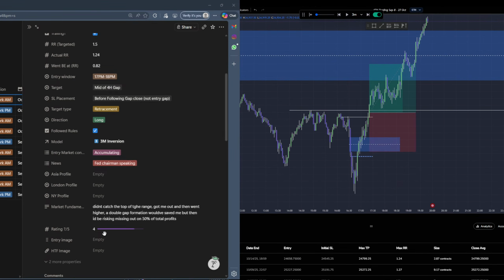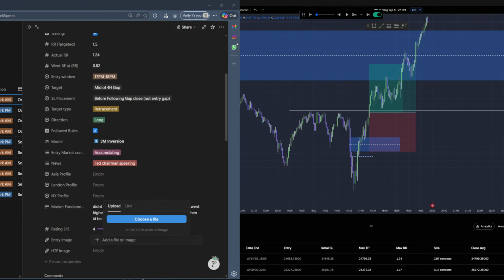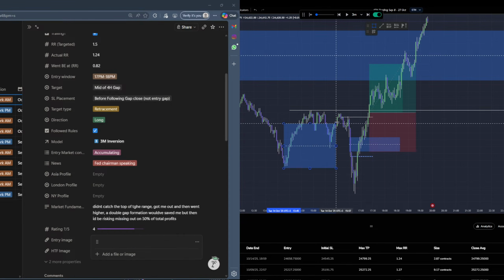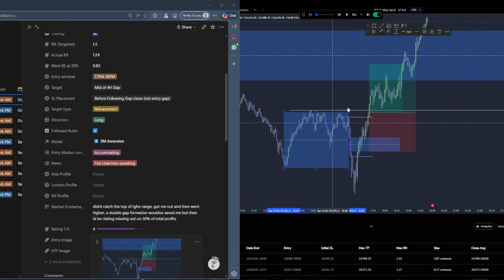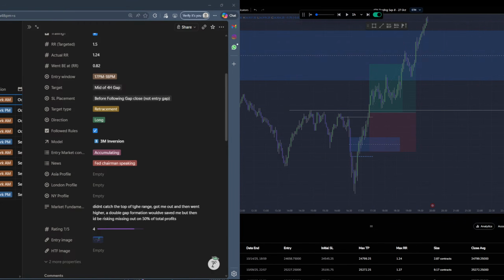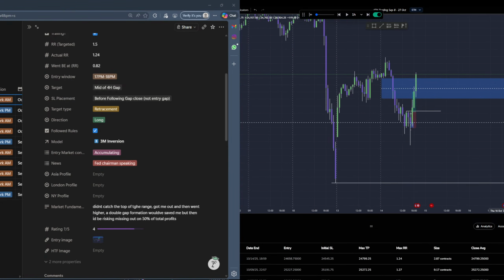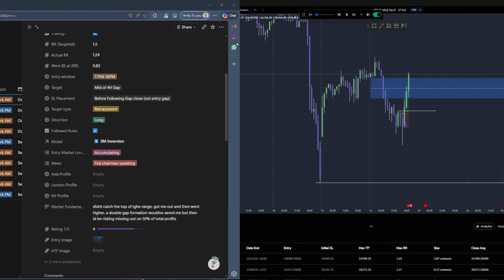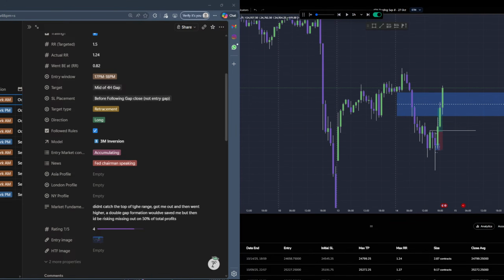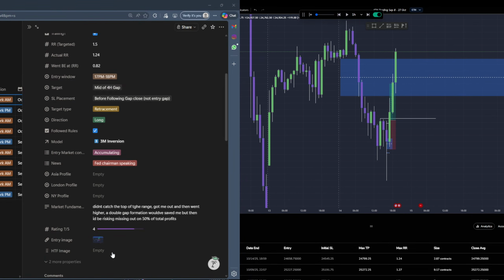It just chopped a bit, but overall it was a very obvious setup. We just manipulated lower, took out the small range, then came back into the range and expanded higher. This doesn't get easier than that. Just pure price action. You don't need any concepts. I'm trading the price action as well.